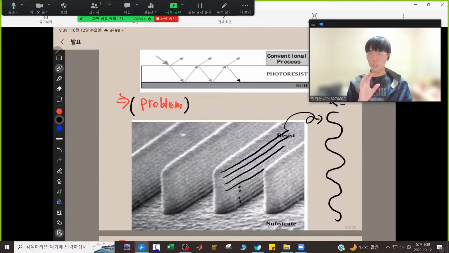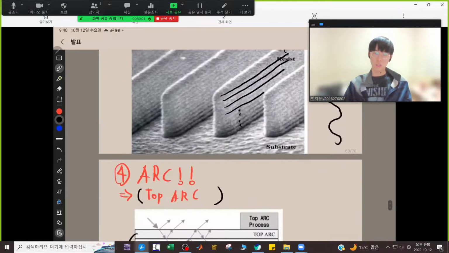And also in negative photoresist, if constructive interference occurs, then more cross-linking occurs because of this constructive interference. So the pattern is bigger than we expected.